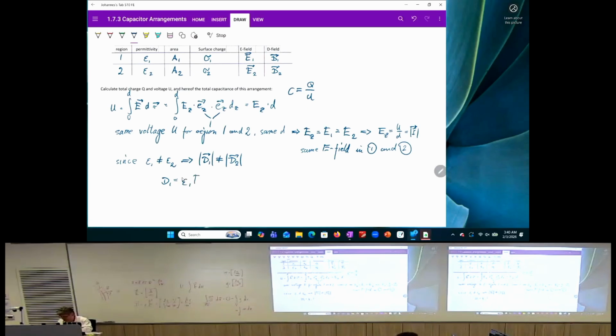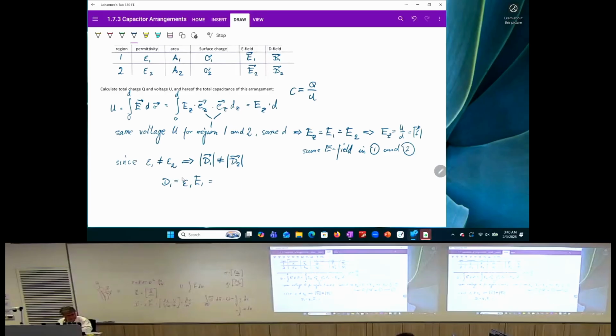The permittivity epsilon 1 times the electric field E1, that is our flux density in the first region. And for D2, we obtain epsilon 2 times E2, but actually we see that we can write that just as epsilon 1 times E. So the E field is the same for both. So then we get epsilon 1 times U over D. And here you have also epsilon 2 times E. Then you have epsilon 2 times U over D.